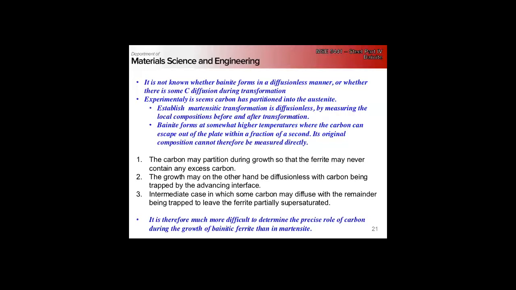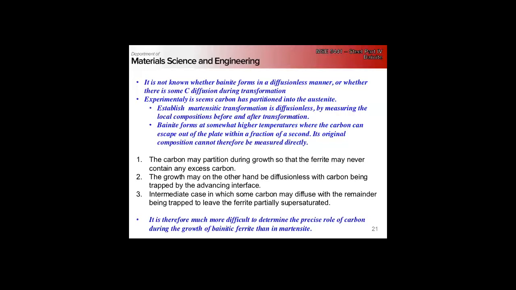And based on experiments, there's three sort of hypotheses that are consistent with what we know. We can either say the carbon partitions during growth so that the ferrite never contains any excess carbon, right? That's one extreme. The other extreme is that it can be diffusionless and the carbon is trapped by the advancing interface. Carbon doesn't diffuse out at all until after the bainite reaction is complete.